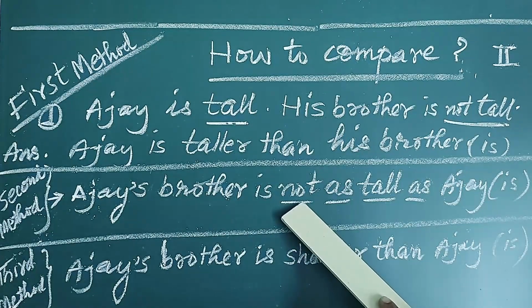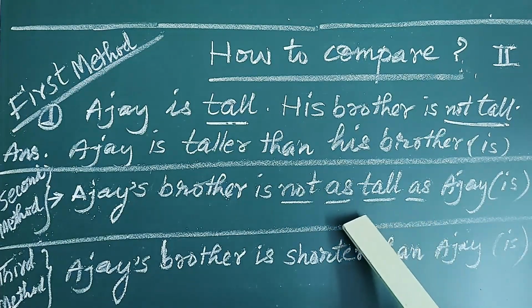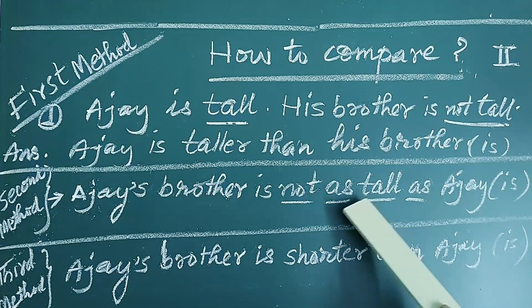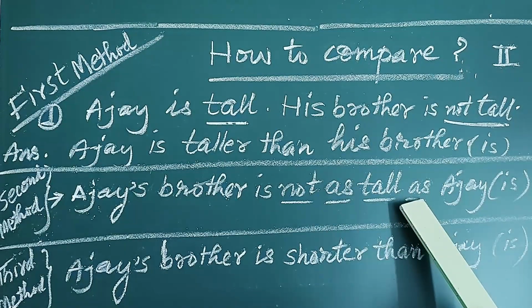That means we are decreasing the quality of Ajay's brother, not as tall as. Here the positive degree is written, and before the positive degree we use as, and after the positive degree we use as.